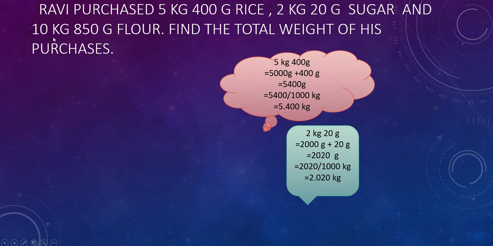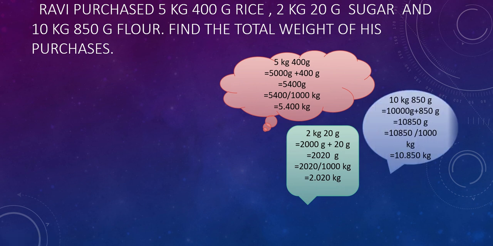Third number I have is 10 kilogram, 850 gram. So what do you mean by 10 kilogram? Can I write 10 kilogram as 10,000 gram? Because 1 kilogram is equal to 1000 gram, plus 850 gram more. 10,000 and 850 means 10,850 gram.